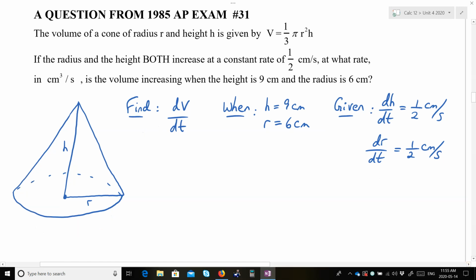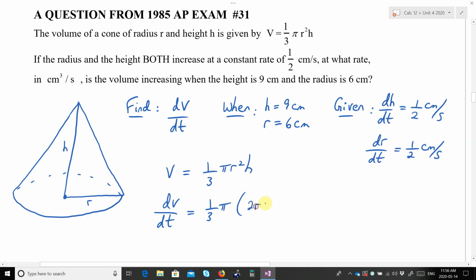Okay, so of course then we need a formula relating the volume and the radius and the height in a cone, and they've given us that formula. Volume is equal to 1/3 pi r squared h, so we need to differentiate both sides with respect to time. I'm just setting aside the constants, and then I'm going to say the derivative of r squared is 2r times dr dt.